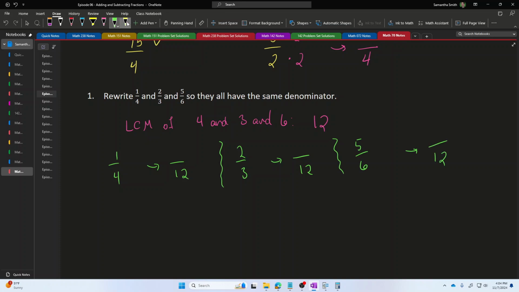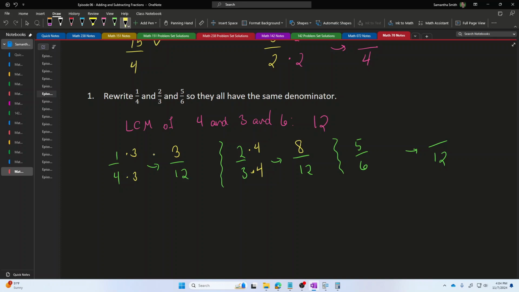Now to turn 4 into 12, I can multiply by 3. And if I multiply both the numerator and the denominator by 3, it will become 3 out of 12. To turn this denominator 3 into 12, I can multiply it by 4. 3 times 4 becomes 12. 2 times 4 becomes 8. So this second fraction can be expressed as 8 over 12.